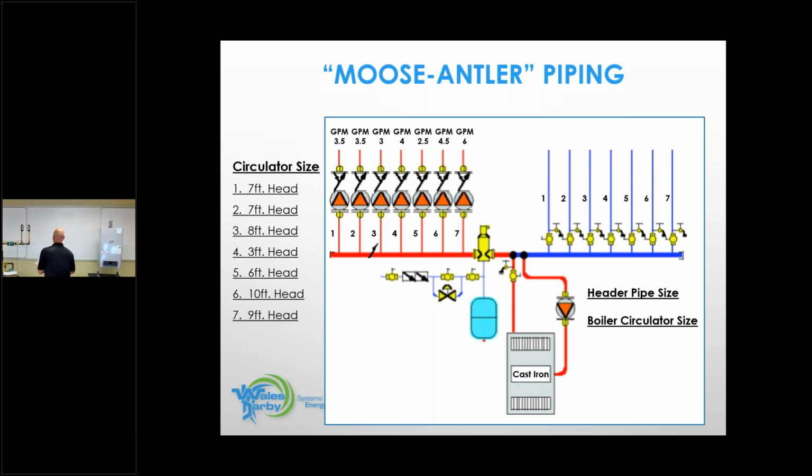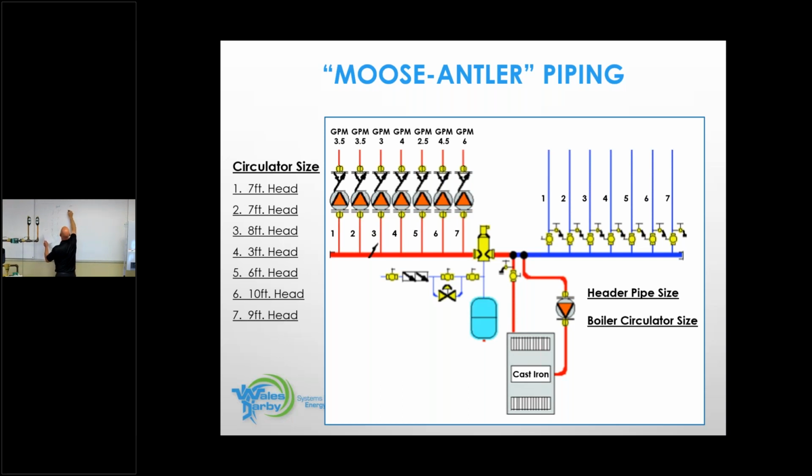Four minutes. Okay. Zone 1, 2, 3, 4, 5, 6, and 7. This is 7 feet of head, 7 feet of head, 8 feet of head, 3 feet, 6 feet, 10 feet, and 9 feet. This is GPM.